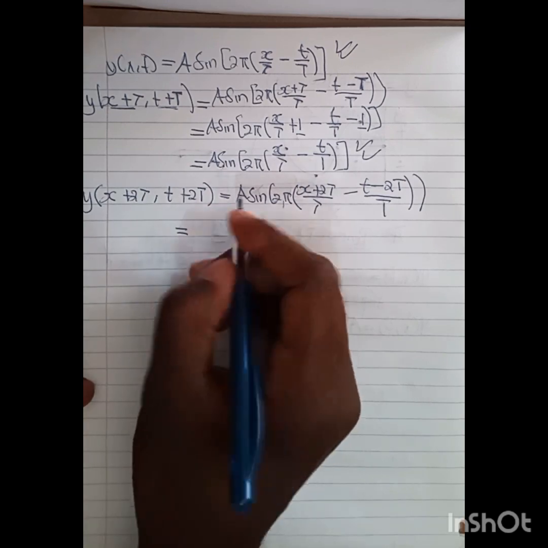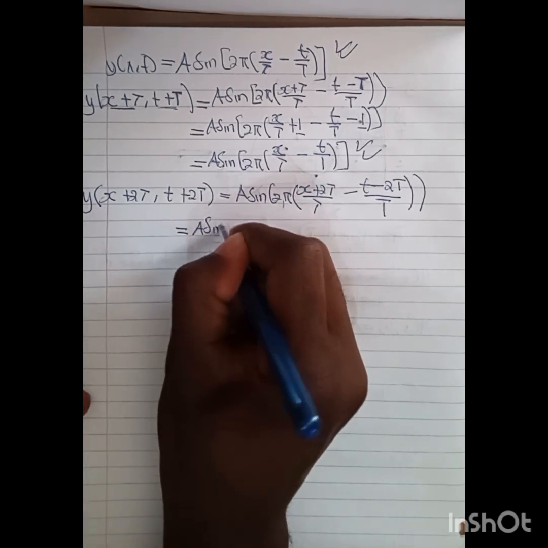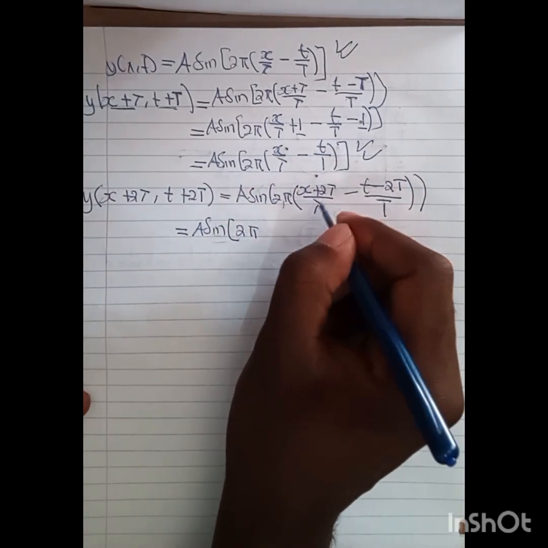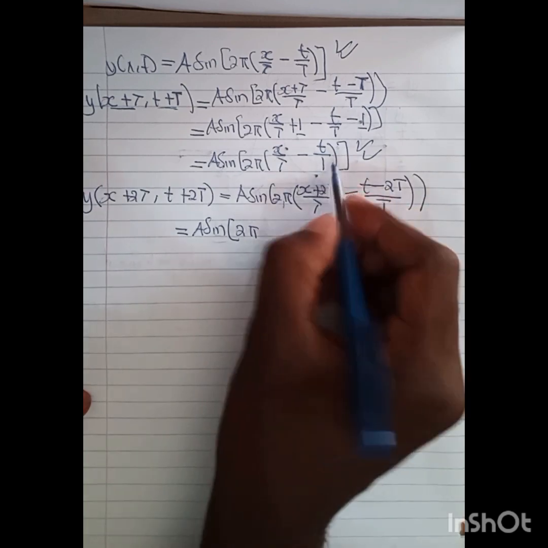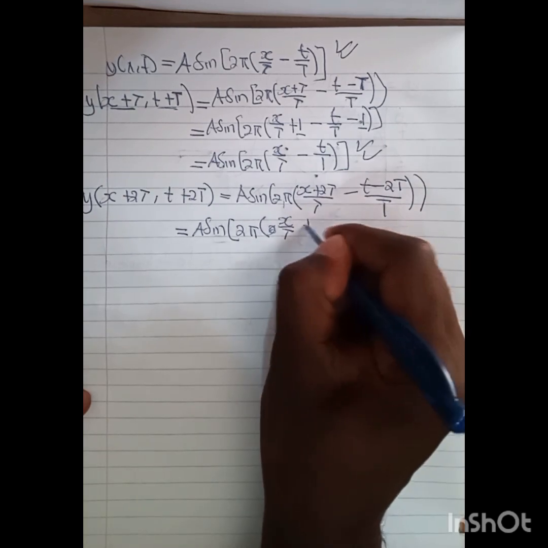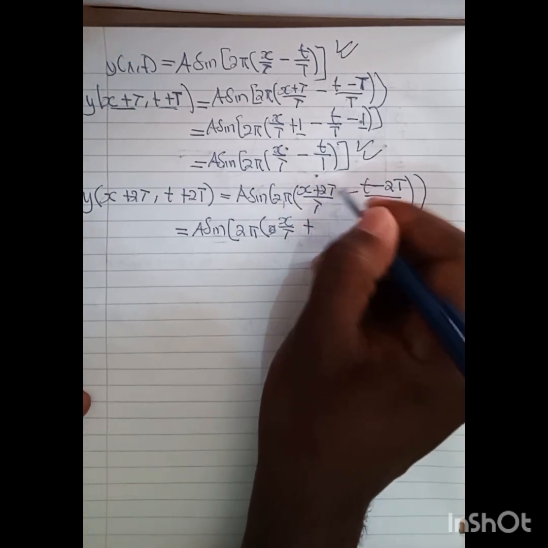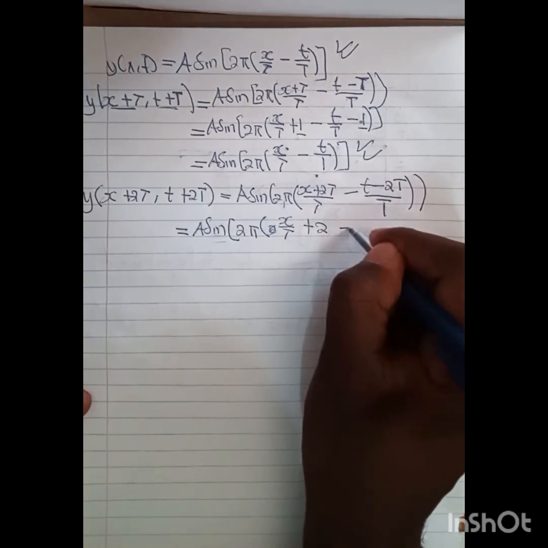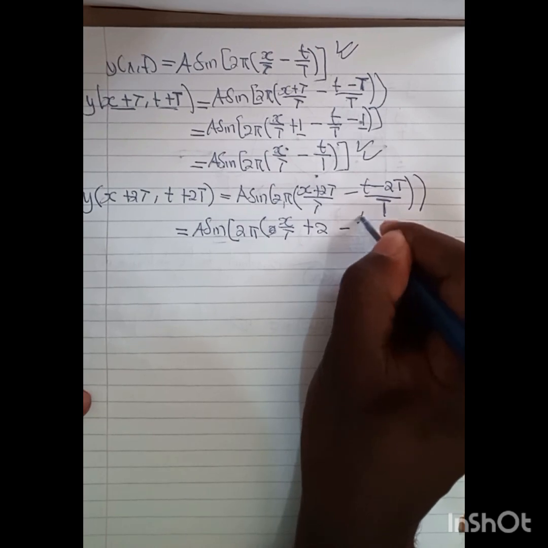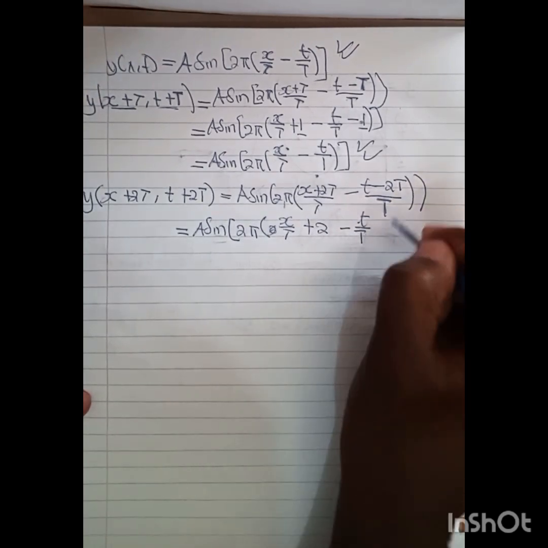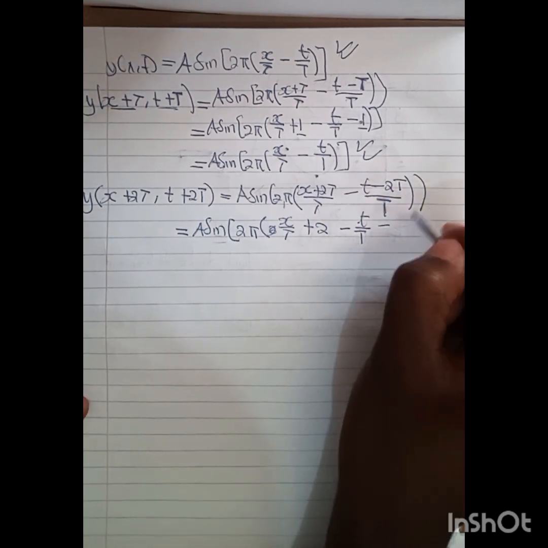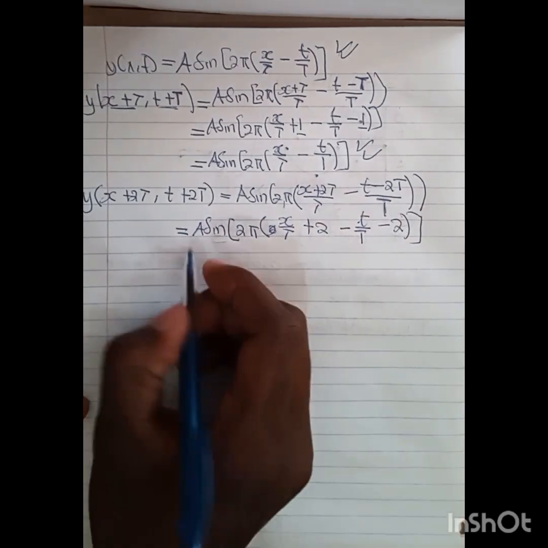As a result, we obtain the following. 2 pi, because lambda divides both the x and the 2 lambda, inside we finally have x over lambda plus 2, minus, dividing by the period on both terms, t over T plus 2T divided by T, so the T cancels and 2 remains.